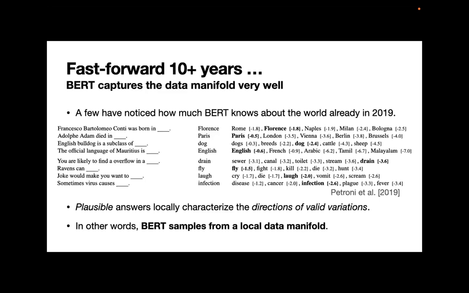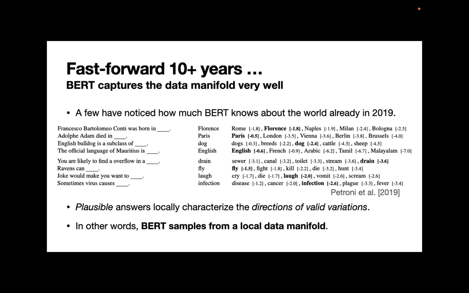So here's an example. Let's say I start with the sentence, "Sometimes virus causes infection." That was the input sentence. And now, how do I know if this denoising autoencoder, or the masked language model, knows about the local manifold structure?